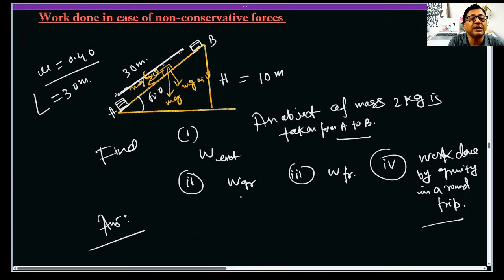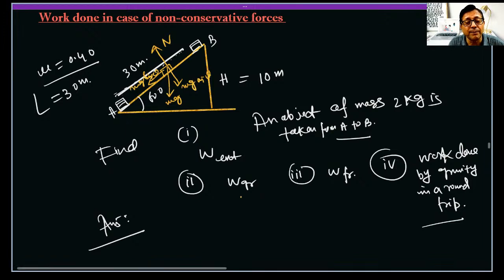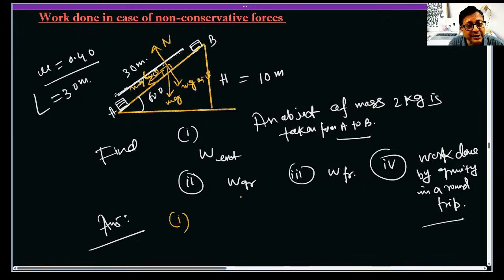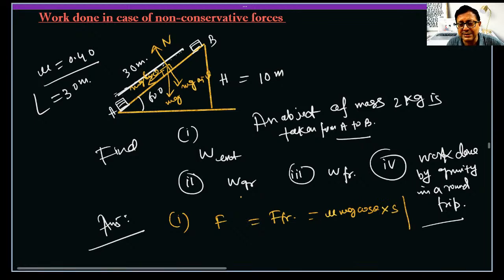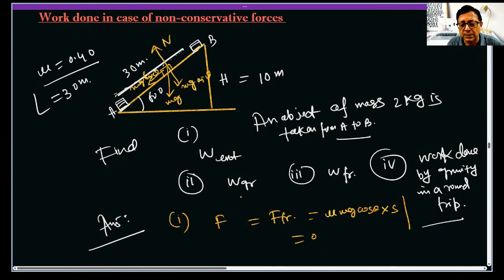When external agent is moving it upward, this work done will be done against the force of friction, isn't it? But the displacement of the object is along the direction of force applied. How much force the man should apply to take it in upward direction? That force will be equal to frictional force. Frictional force you know, that is mu mg cos theta into S. Mu stands for what? 0.40.